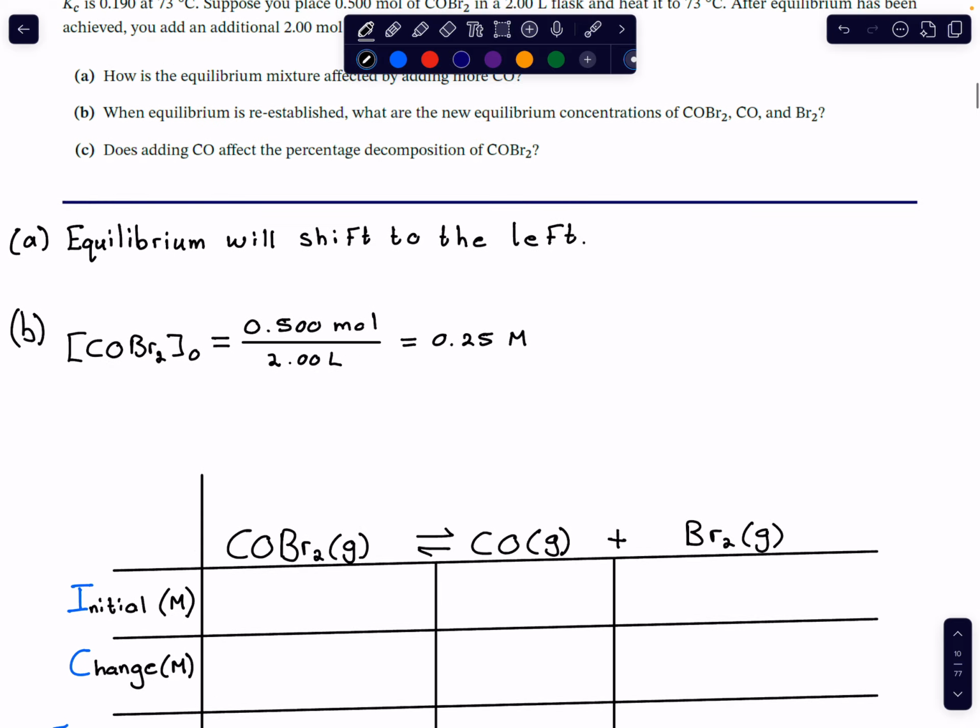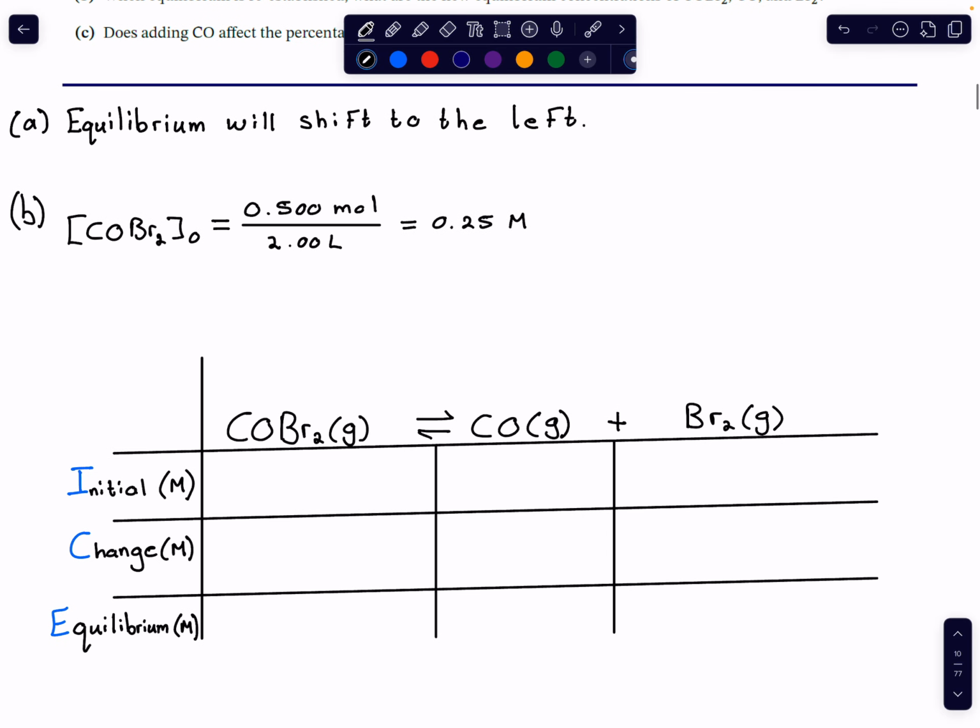Okay, so now we can go ahead and do our first ICE table. For our initial concentrations, we only have carbonyl bromide. We didn't have any carbon monoxide or bromine.